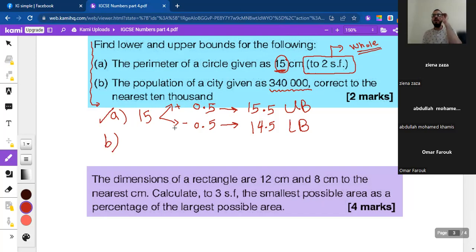Whatever he tells you, like to nearest 10, to nearest 100, to nearest 1,000, to nearest 10,000, to nearest million, whatever the degree he gives you, take this degree, 10,000, and then divide it by 2. Okay? 10,000 divided by 2 equals what, ya Abdullah? 5,000.